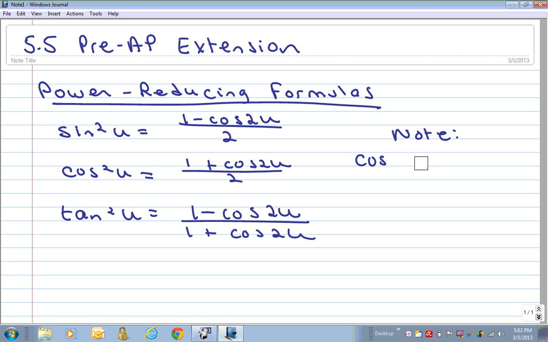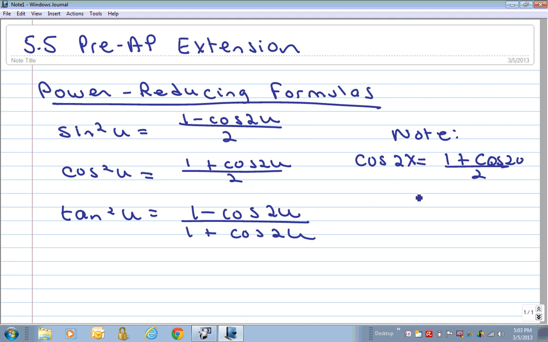I don't want squared x. Okay, sorry, if we have cosine 2x, then that would equal 1 plus cosine 2u over 2, which is just right over here to the left.